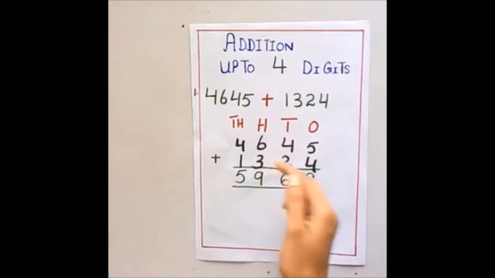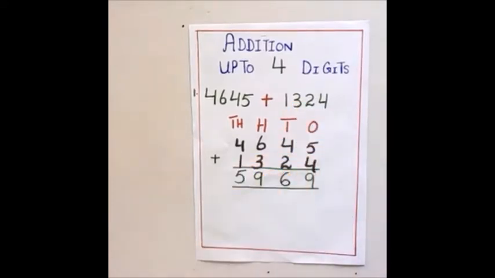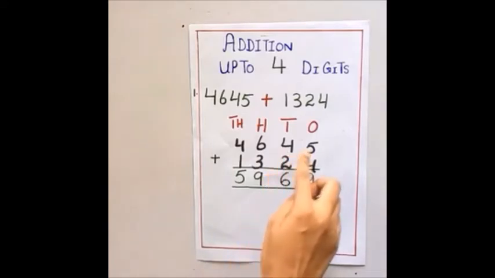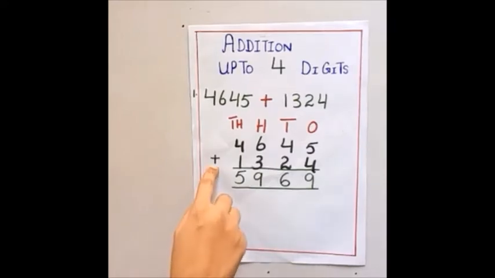Then 3 under the hundred place and 1 under the thousands place. And I need to add these two, so I write the addition symbol or the sign.